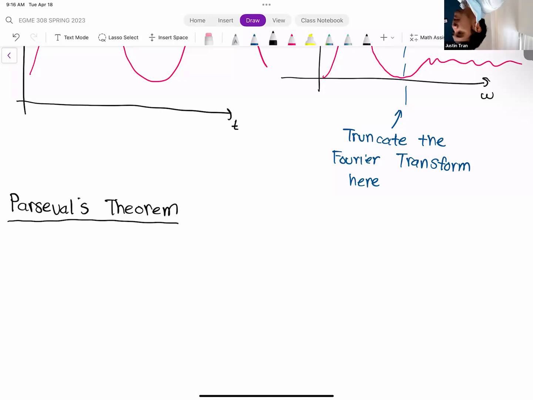Truncation is something that you're going to do a lot in Fourier, because most of the time you don't really need those really high frequency terms, either in the Fourier series or in the Fourier transform. But that begs the question: if we truncate our Fourier expressions at some cutoff, how does that change the nature of our function? How does that change the nature of our signal?